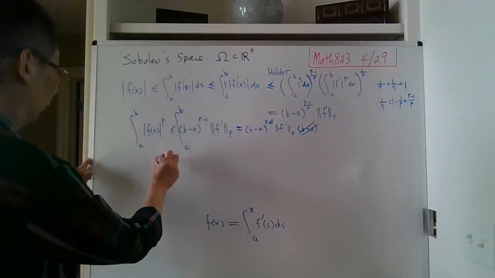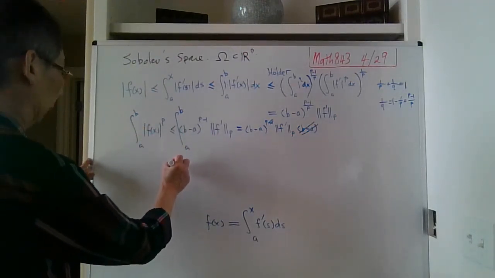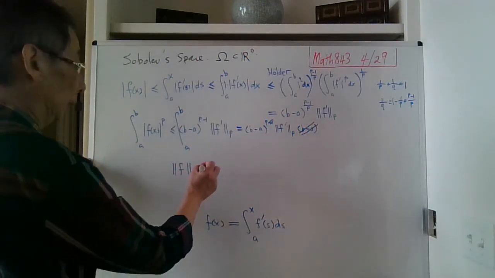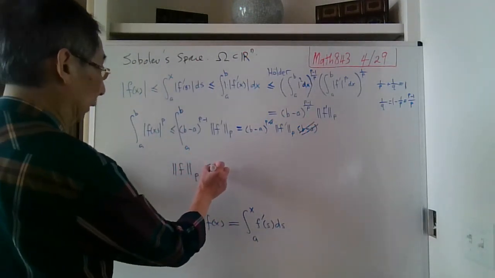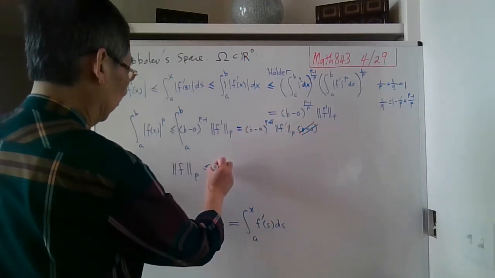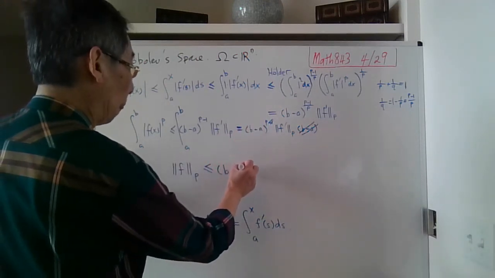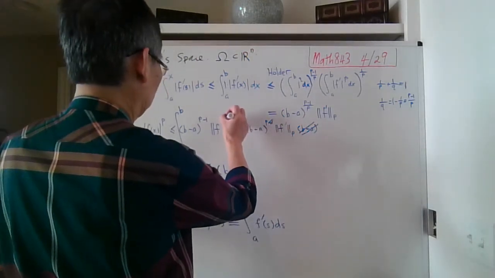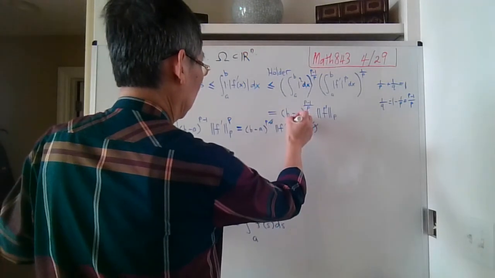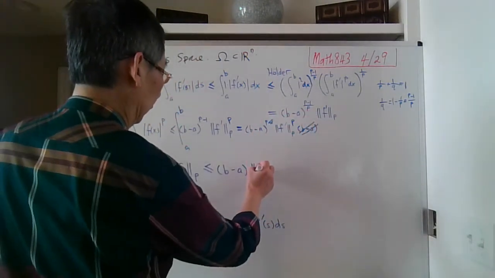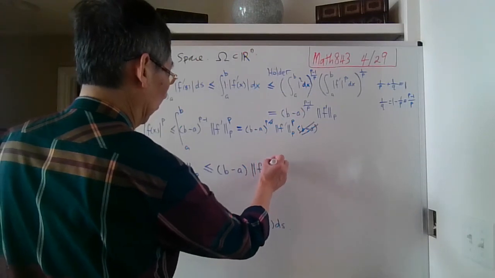Therefore the left side, the f's p norm, should be less or equal than, taking the 1 over p power, you will get the b - a here, then times, sorry, I forgot to put the power here. Then you take the 1 over p power, you will get it back to the norm of f prime in L^p.